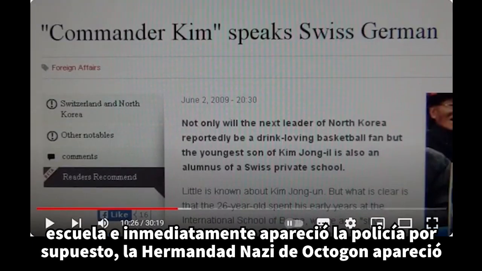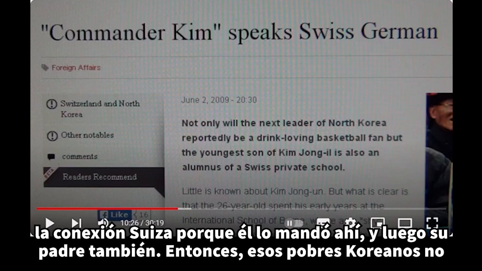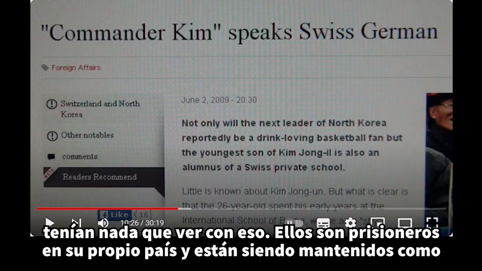The Nazi Octagon Brotherhood, they popped up immediately. So if young Kim went to that school there in Switzerland, then already his father, Kim Jong-il, I think his name was, already had the Swiss connection because he put them there. And then his father as well. So these poor Koreans have nothing to do with it.